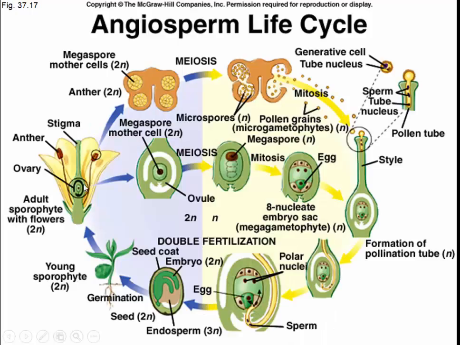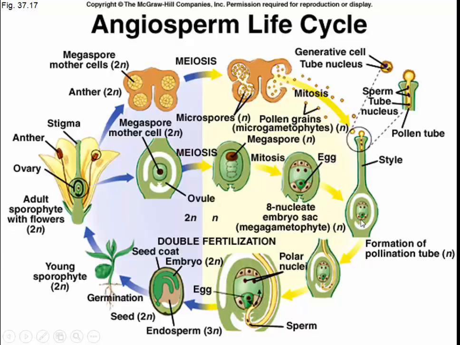The angiosperm life cycle is shown here, of that lily flower, showing in the male the production of pollen through meiosis, then mitosis producing a generative cell and a tube nucleus, and the generative cell will produce 2 sperm. The pistil megaspore mother cell will produce through meiosis megaspores, one of which will undergo mitosis to produce the 8-nucleate embryo sac.